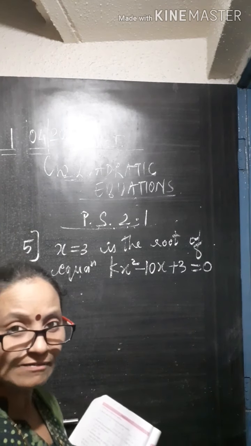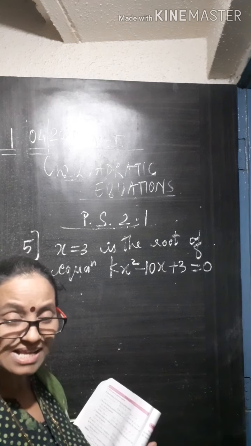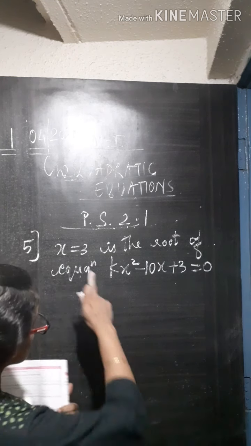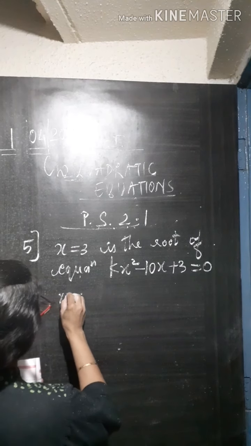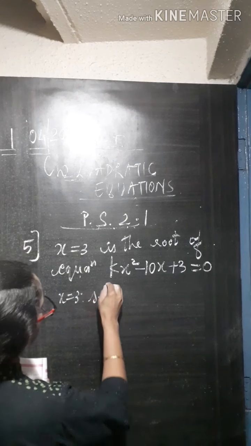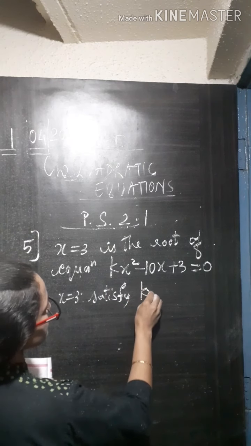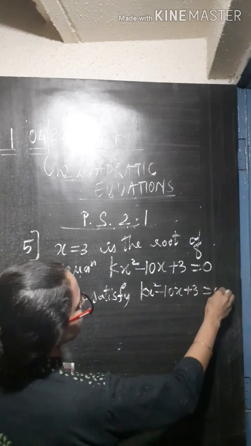Now just now we have learned when do you call the value of the variable as the root of the equation? When it satisfies the equation. So x is equal to 3 is the root of the equation. That means x is equal to 3 satisfies kx square minus 10x plus 3 equal to 0.